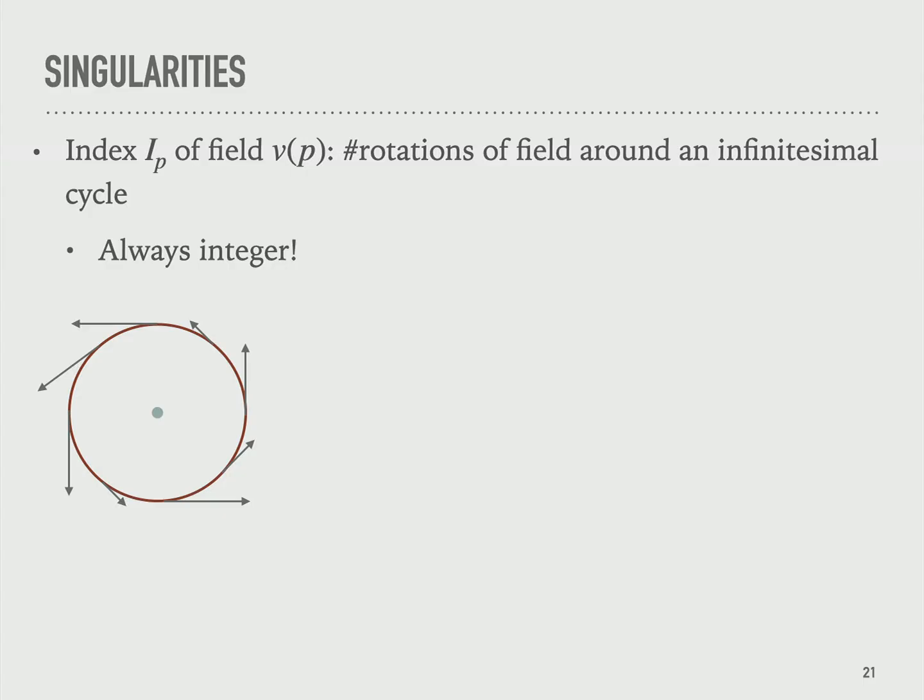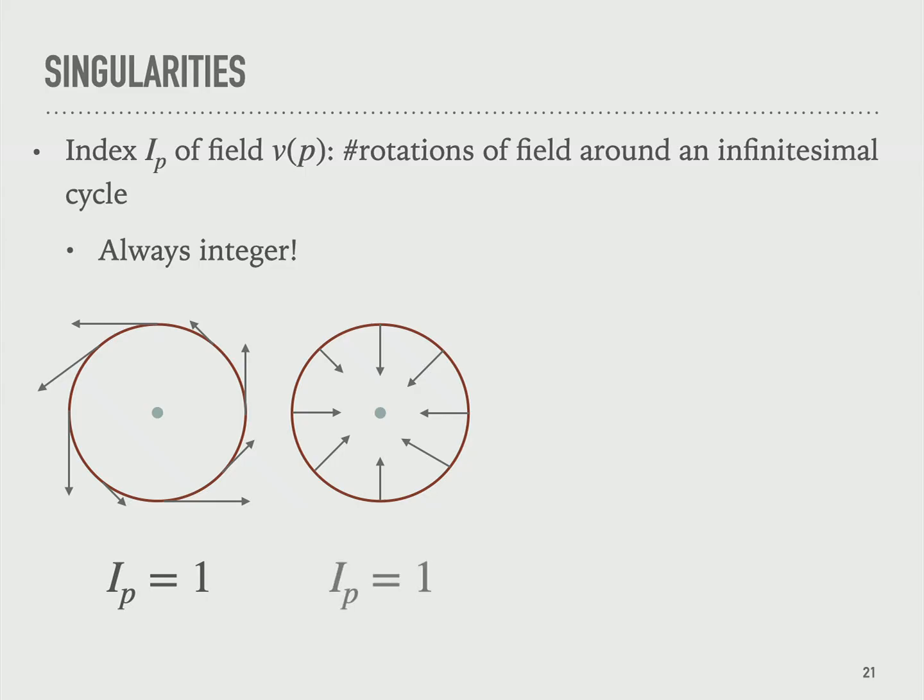So, for instance, you could have moved around a vortex like this. And if you count how many rotations you did, it's exactly 1. So the index of this cycle is 1. The index of this is also 1. You still rotated around yourself 2 pi times. Although this is a vortex and this is a sink, it doesn't matter. It's about how many times you rotate against yourself. What is the index of this? Assuming closest rotation, which is not an obvious assumption, I would say 0.